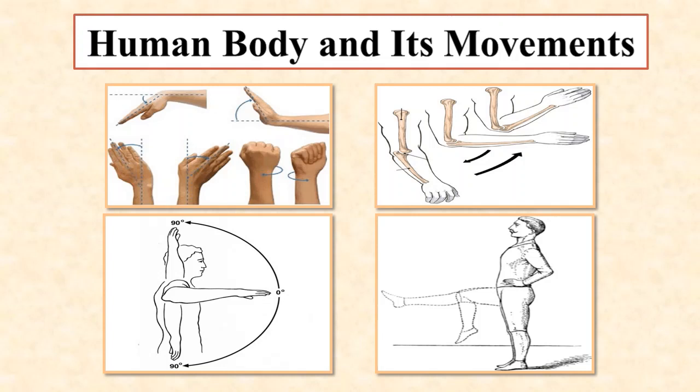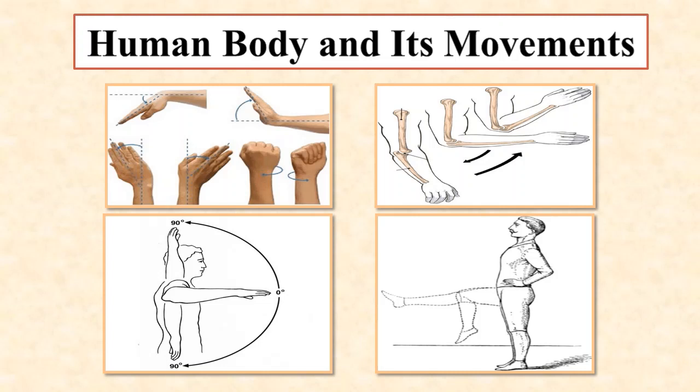You can bend your arm at the elbow. You can rotate your arm at the shoulder in a circular movement. While standing or lying down, you can bend your leg at the knee and rotate your leg at the hip.